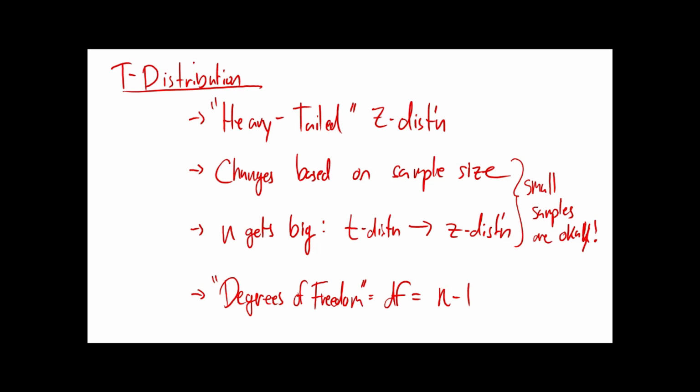All right. So here's how you actually use a T table. Let's say that you go out and you sample, let's say you did a small sample size. Maybe you only sample 21 people.